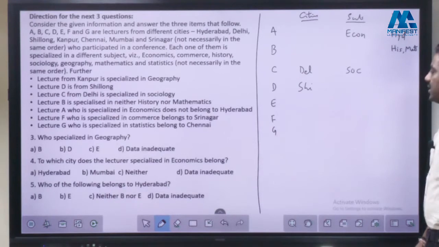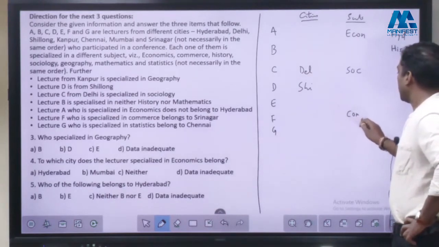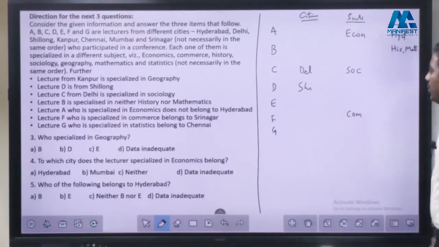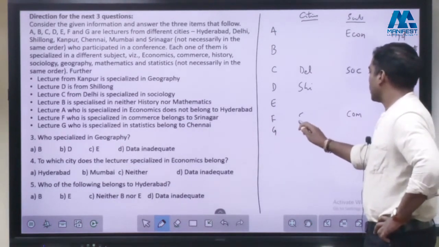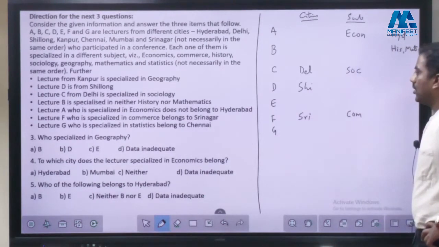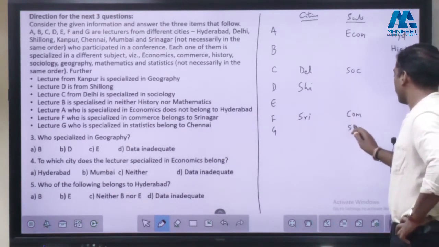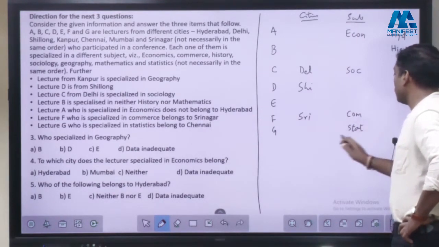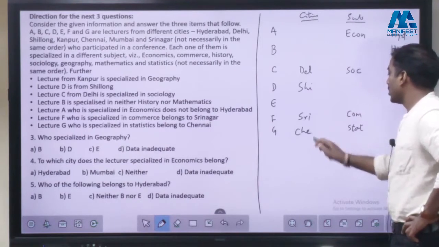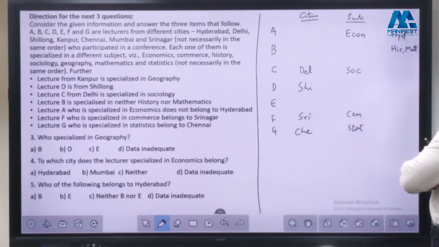Lecturer F, who is specialized in commerce, belongs to Srinagar. Lecturer G, who is specialized in statistics, is from Chennai. Now we are left with E and B completely.